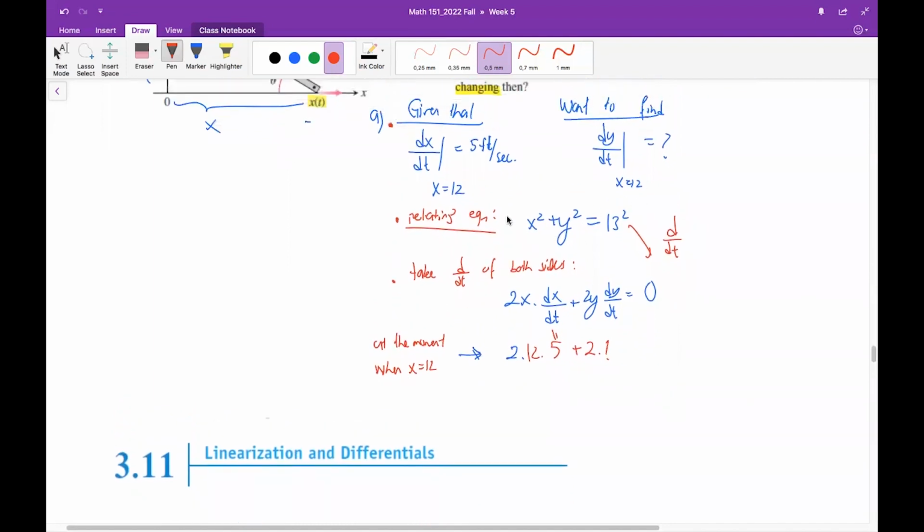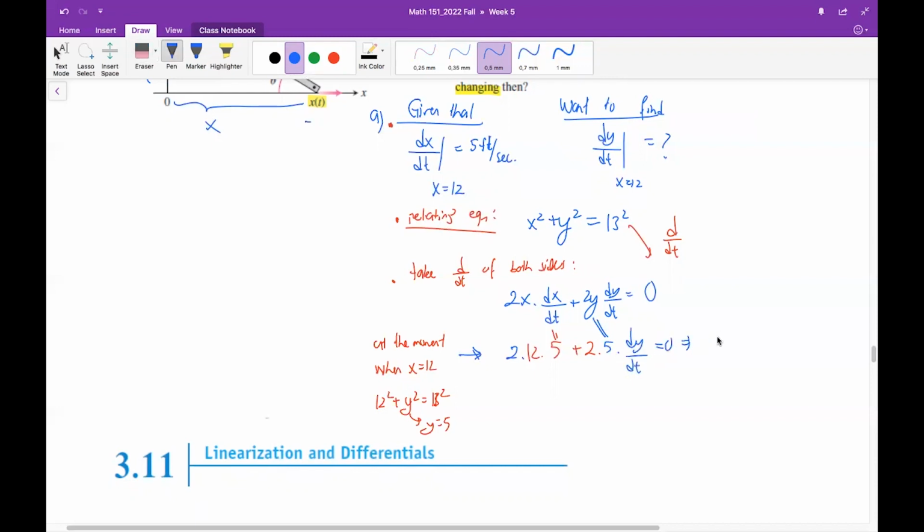And you know, you can easily use this equation to solve for y when x equals 12. Y squared is 13 squared minus 12 squared. From here, y becomes 5. So that's why you need to insert 5 for y and dy over dt.